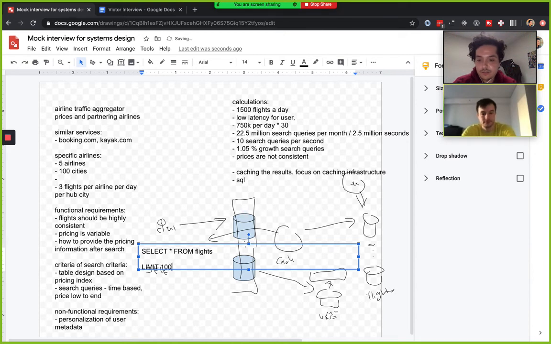So limit 100 ASC, and then from this, let's just say where lat equals P1 and long equals P2, and time date is between two dates, right?